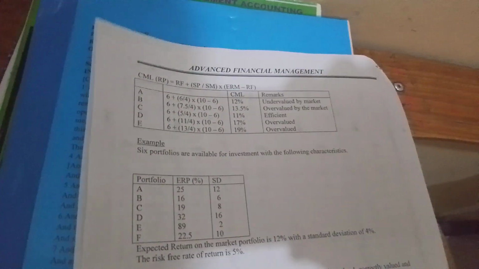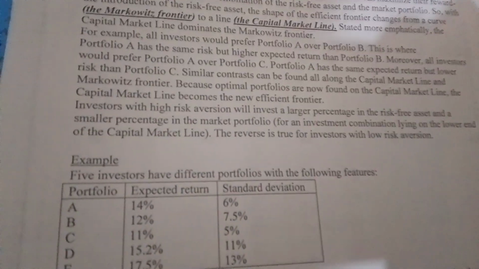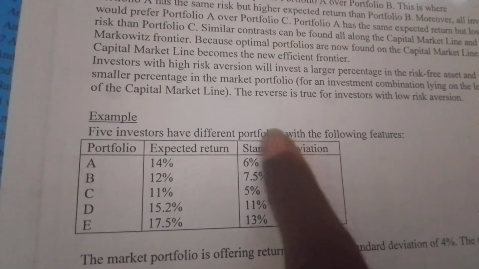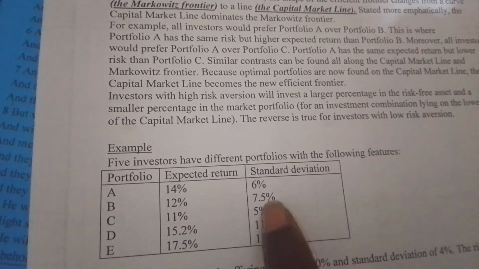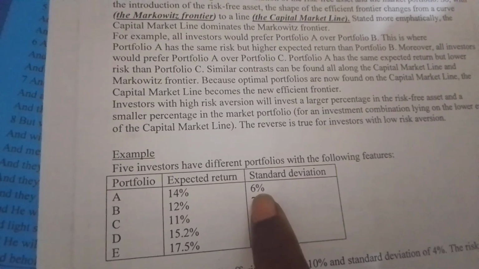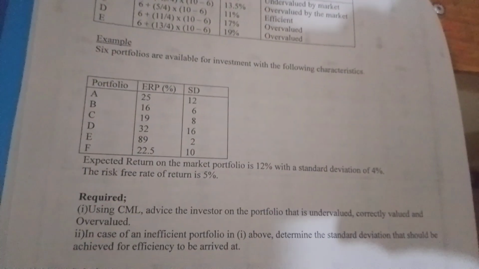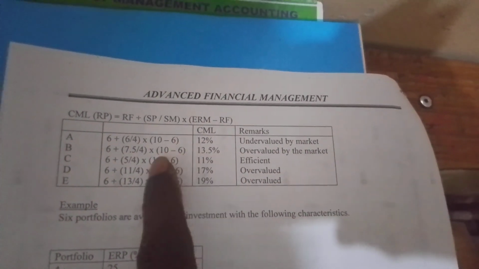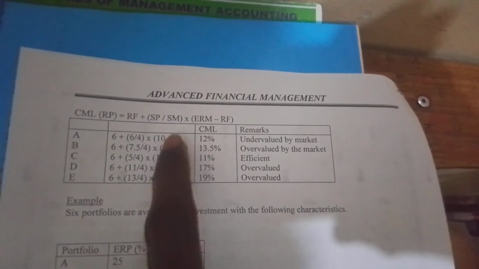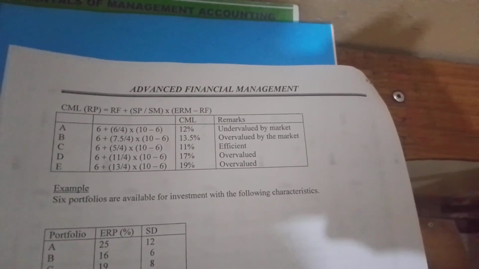Now you have SP. SP is the standard deviation of each portfolio. So for A, you take 6 over SM.